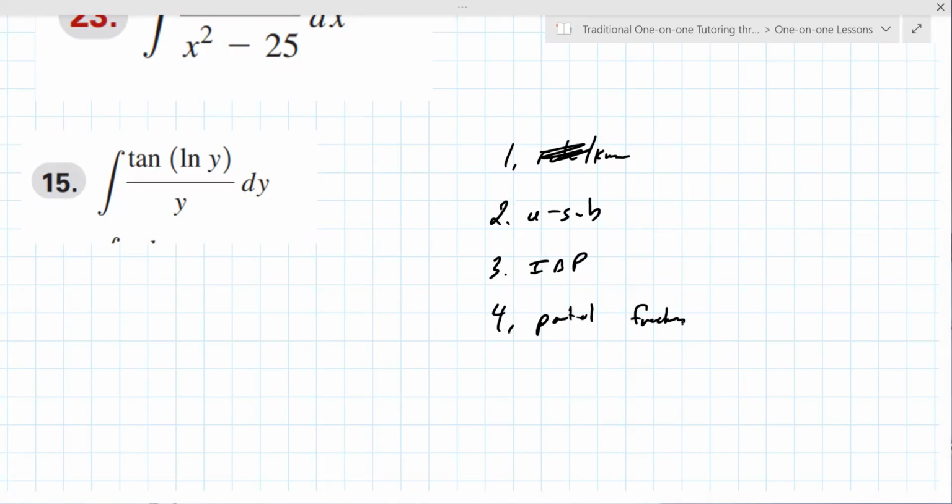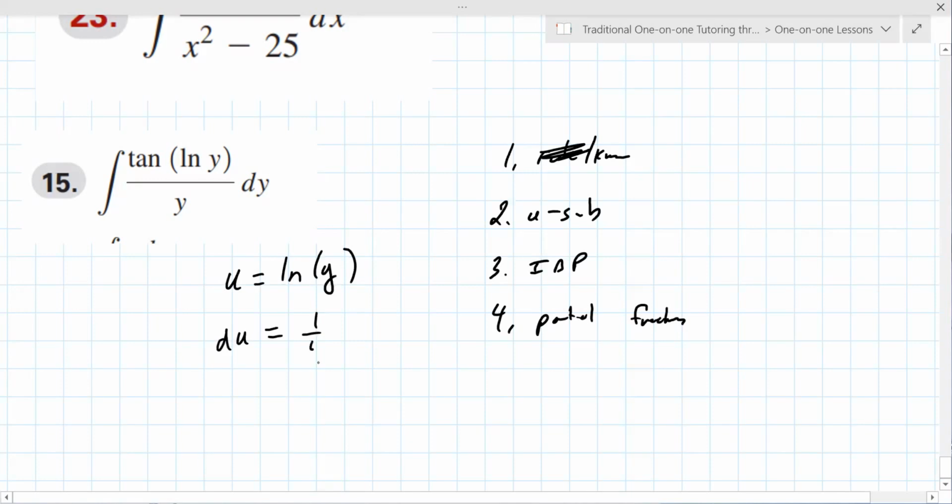I'm not sure. Okay, it is a U-sub. So let me show you that real quick here. Du is 1 over y dy. Do you see how 1 over y is in there? So it becomes the integral, cutting through a lot of the steps here, of tangent of u du. That's not great, but it is kind of a known one. If you go back and look, I think maybe we had that. It's a natural log thing.